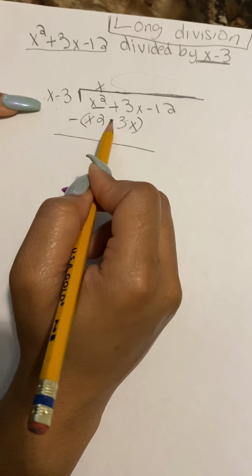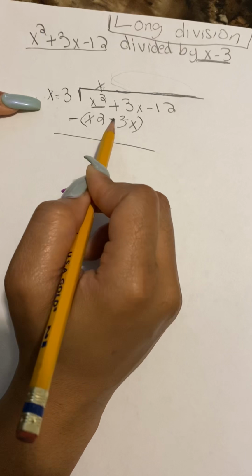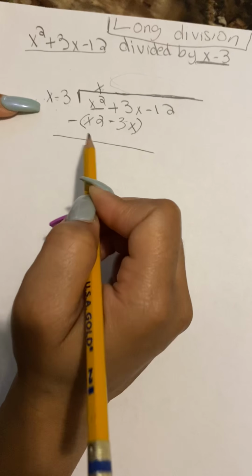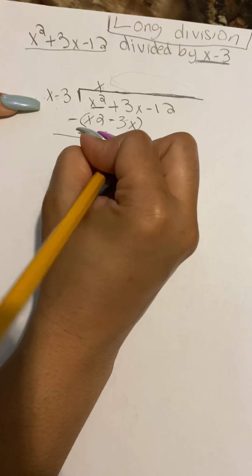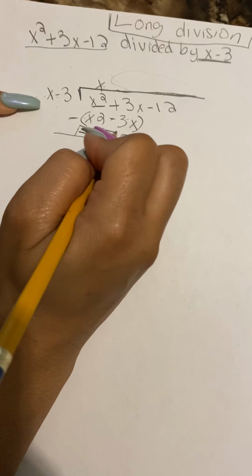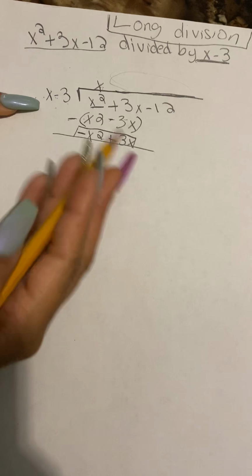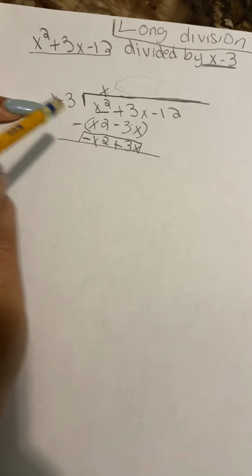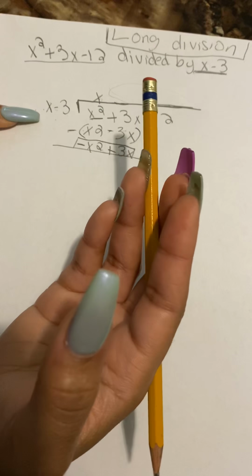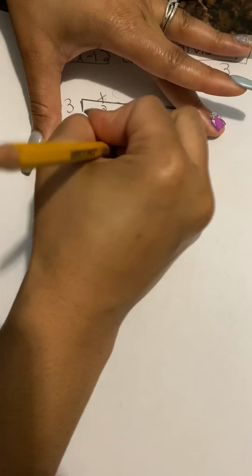And because this is a negative here and it's a negative outside, distribute to this is really a positive. So I really could rewrite this as -x squared plus 3x. Y'all see that? Because that's what it is after I distribute it. So I'm going to erase this now, because I just want you to know that that's what you're supposed to be seeing in your head. But we're going to leave this the correct way, all right?